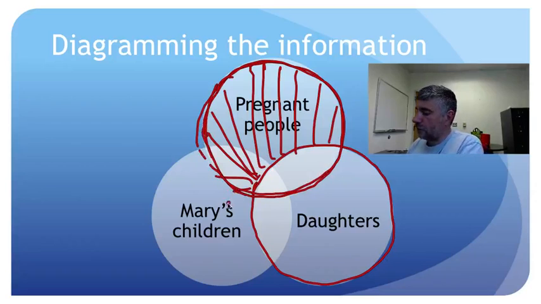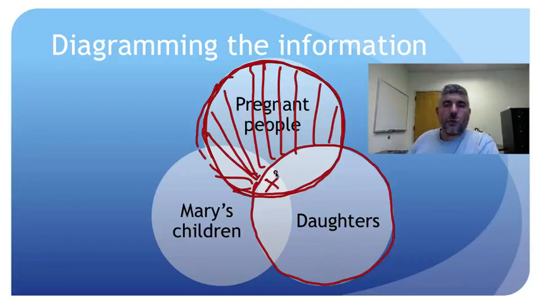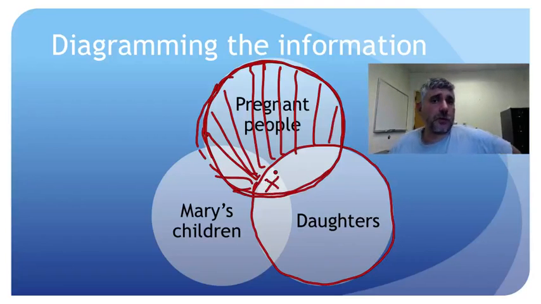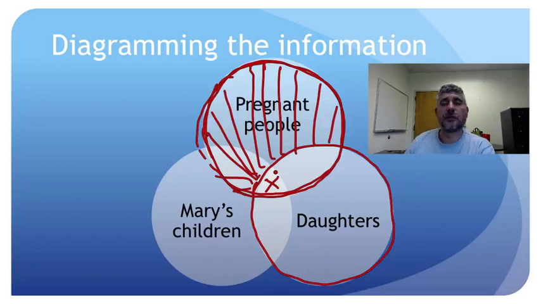Well, so Mary's child, who's inside the pregnant people circle, must be right here. So that's where the X goes. So what we can figure out from just the first two premises, remember, I haven't relied on any information other than the information given in premises 1 and 2, is that there's an X and it goes right here.